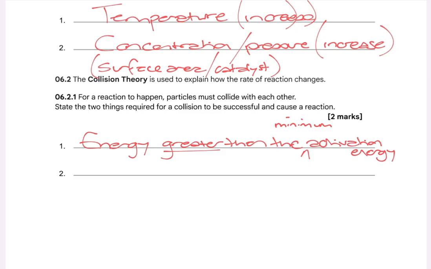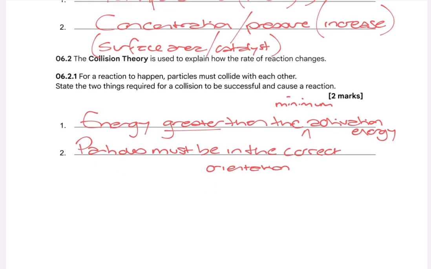And if we're talking about some other types of reactions, the particles must be in the correct orientation. So if the shape of a molecule is specific to a specific type of reaction, then the two molecules must collide with the right area of each molecule touching, so that they can collide properly and react properly.